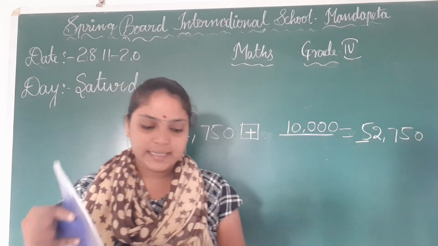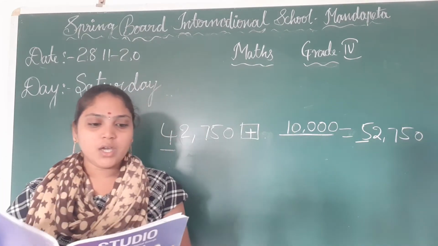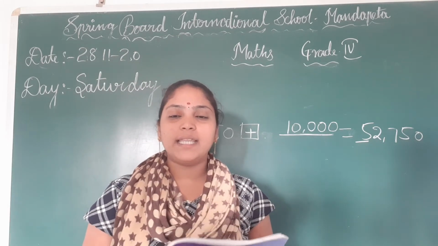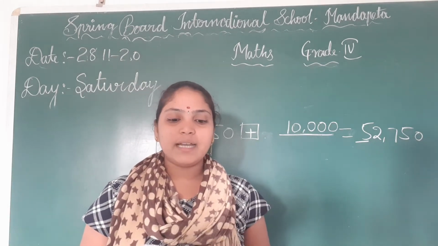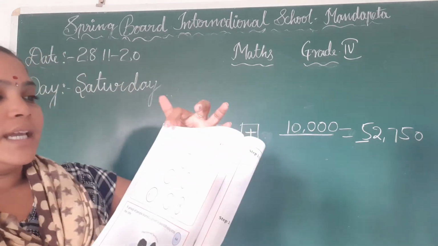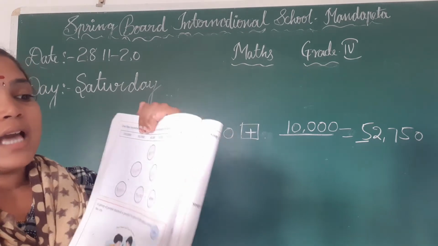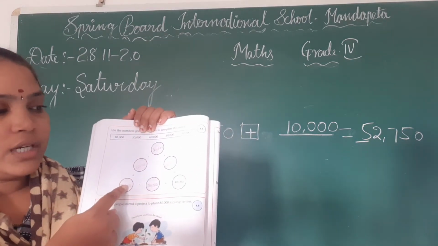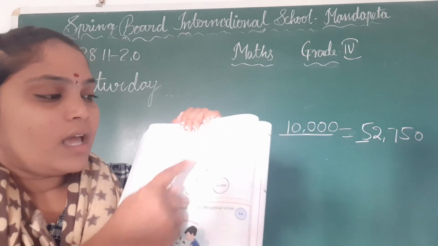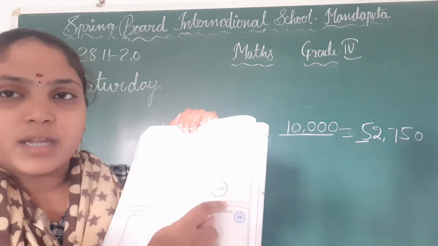Next, page number 60. Use the numbers given in the box to complete the puzzle. We are given 5 numbers in total and the operation is also given children. That means you have to add these two numbers to get this one.